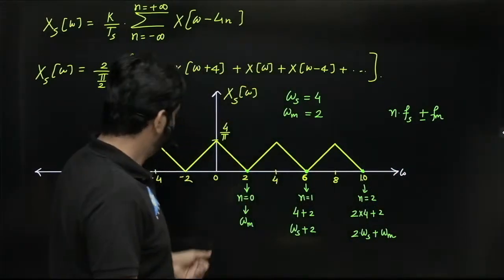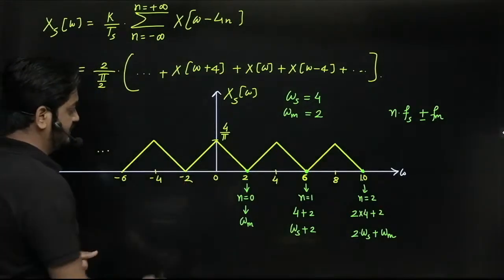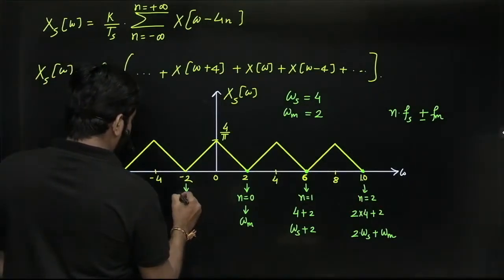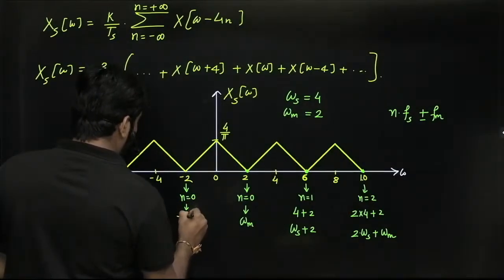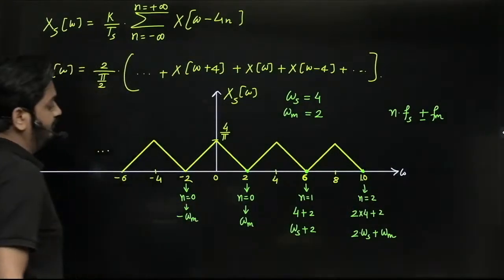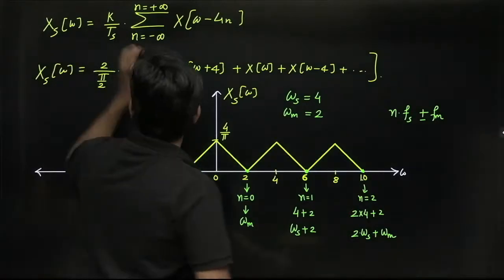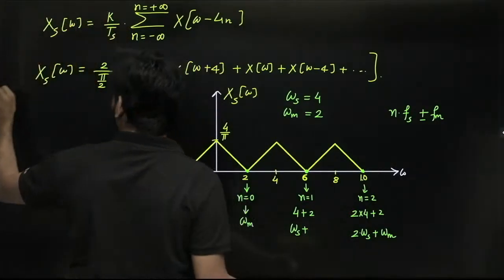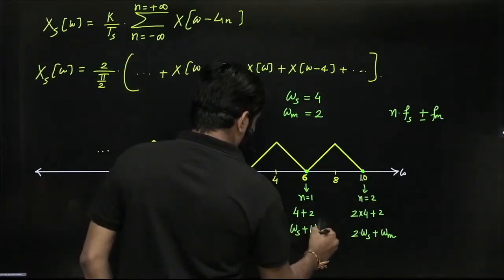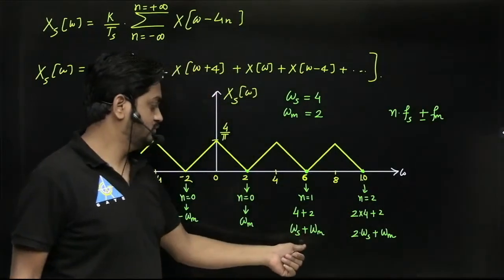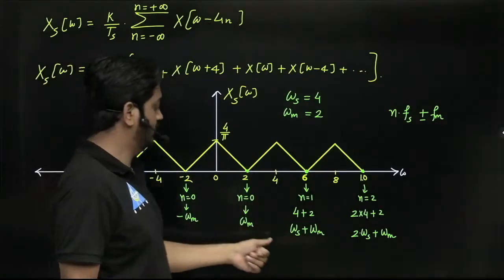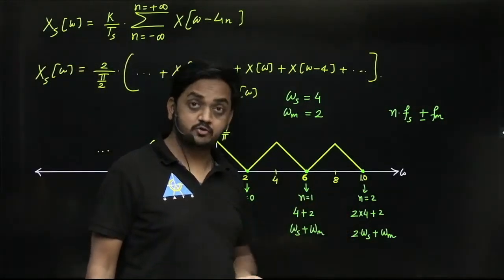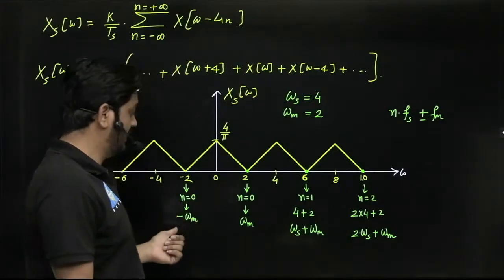Here this is minus omega m, again n equal to 0, so omega s plus omega m and omega s minus omega m also.